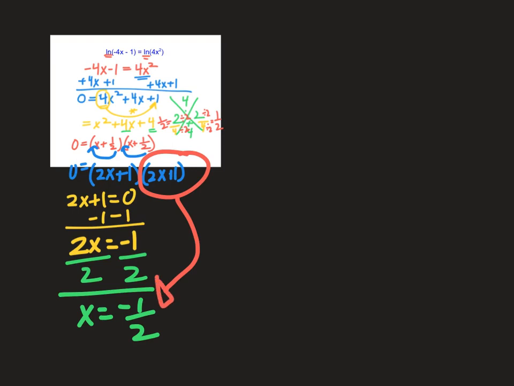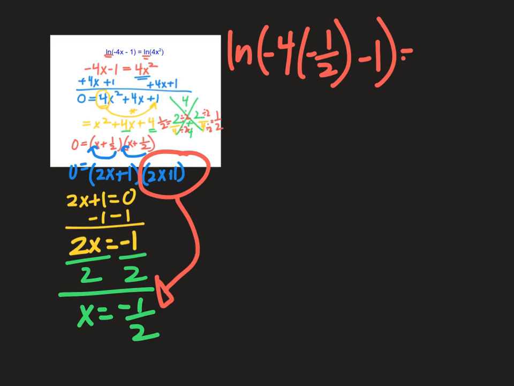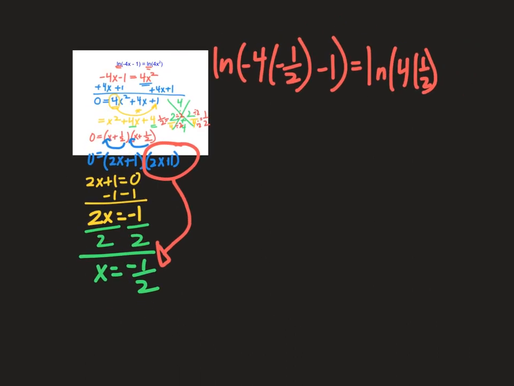At this point, we need to go ahead and plug our answer back into our original equation. So we're going to have the natural log of negative 4 times negative 1/2 minus 1 equals the natural log of 4 times 1/2 squared.